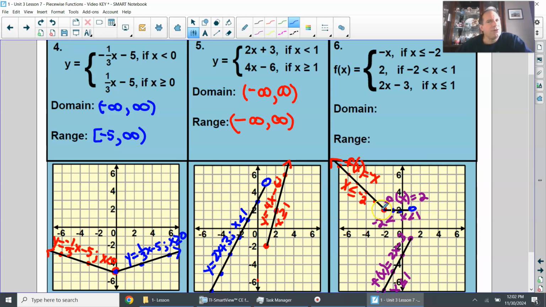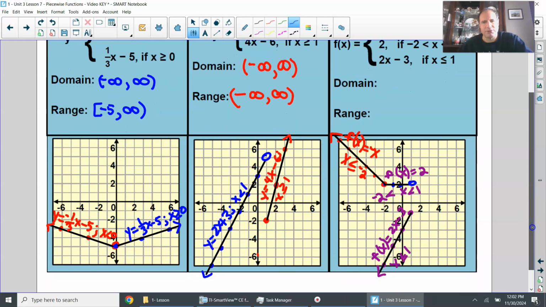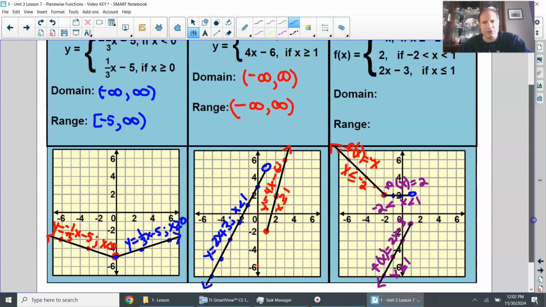The -2 is an open circle as well, but this partition already had a closed circle, so it stays closed. And then it's f of x equals 2x minus 3. This is the graph of 2x minus 3, but only for x greater than or equal to 1, and that's a closed circle on that.